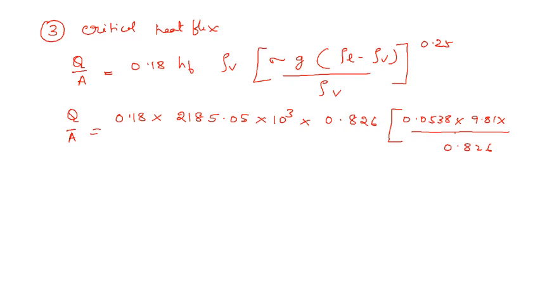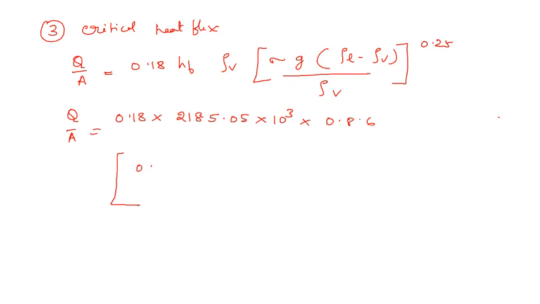and the rho L value, it is not proper to write in this manner. So let me write in the bottom itself. There is no space left. So this is 0.826, right? The bracket terms, I'm writing over here.